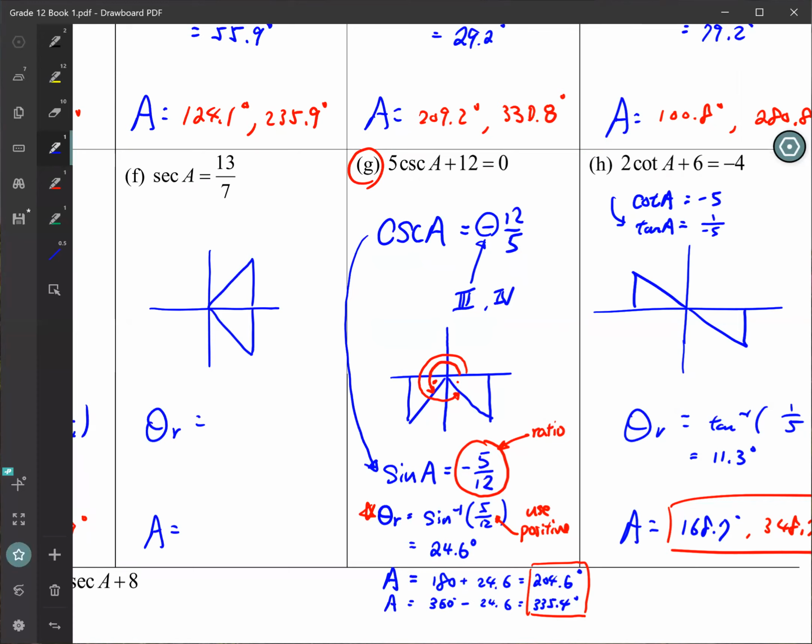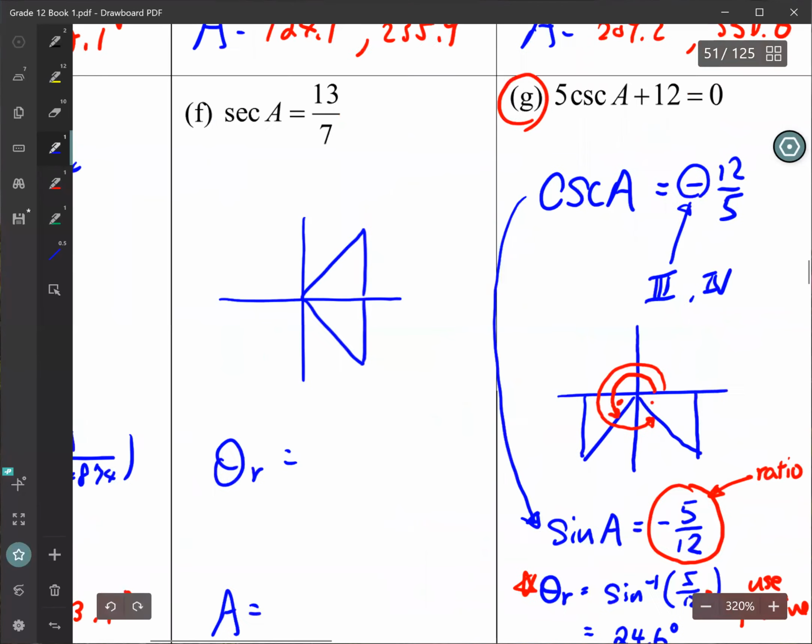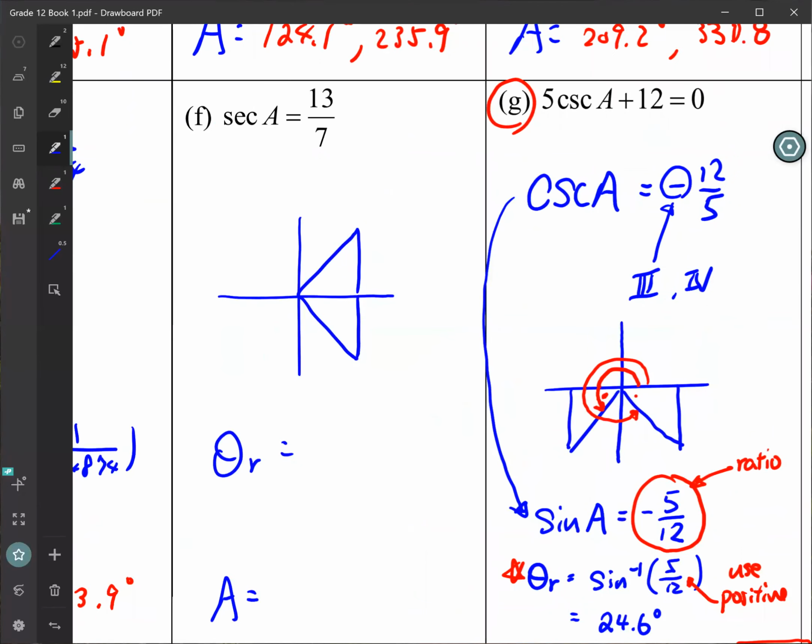We change. Wait, what is that called? I just forgot the name of the thing. Secant? Yes. Change that to cosine. So cosine A will now become 1 over 13/7, which is 7/13.